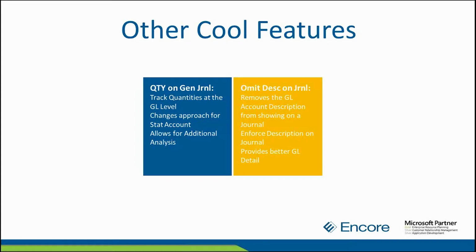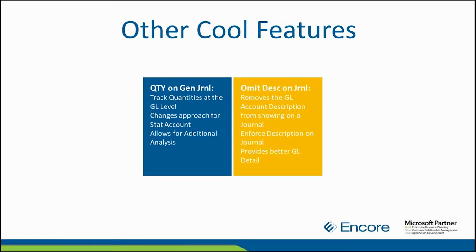The other one is we now have the ability to omit the description on a journal as well. And so what that means is, and you'll see this in a second, when I select a particular GL account in my journal, the description of the GL account defaults to the description on the journal. What that means is that the user then does not need to enter anything in order to get the transaction to process.